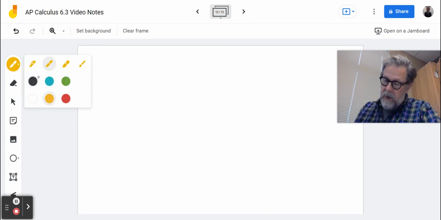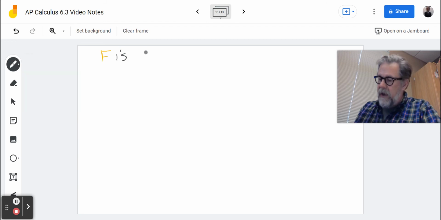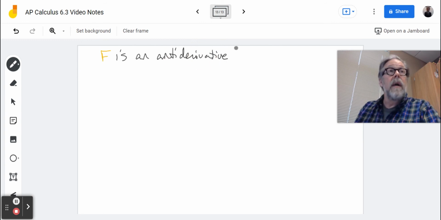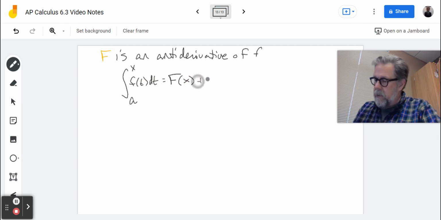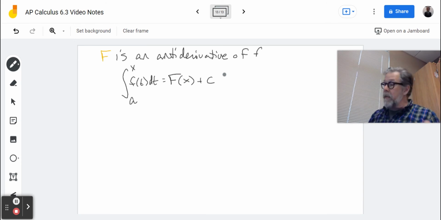We now know that F is an antiderivative of f, which means that the integral from a to x of f of t dt must be equal to the antiderivative plus a constant. Remember the plus a constant.